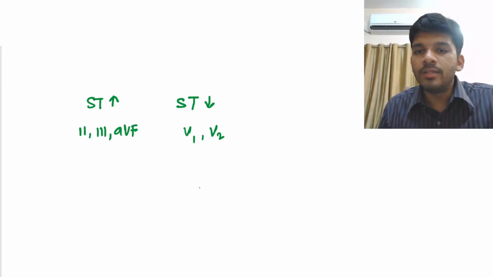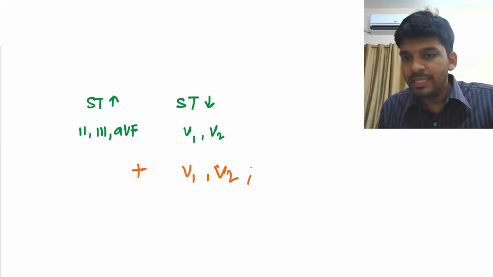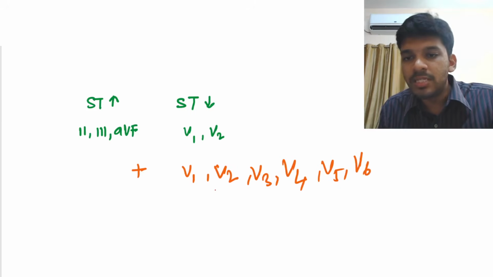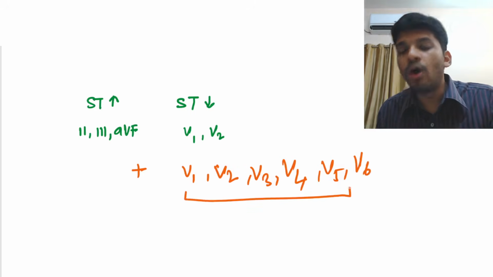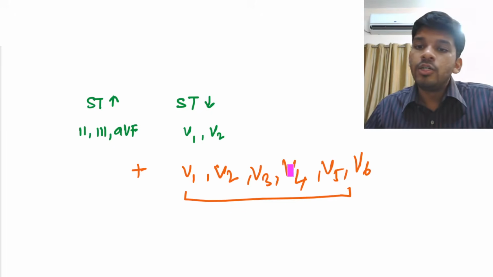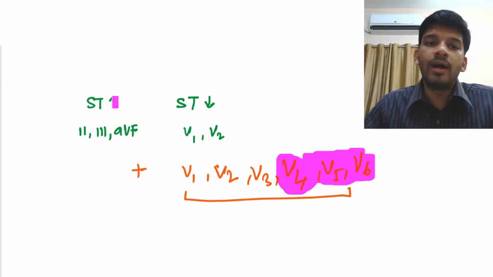But if you are getting, along with this, V1, V2, V3, V4, V5, V6 ST depressions, even in the lateral leads, not just in the anterior leads, then that is suggestive of true ischemia at a distance from the occlusive artery.